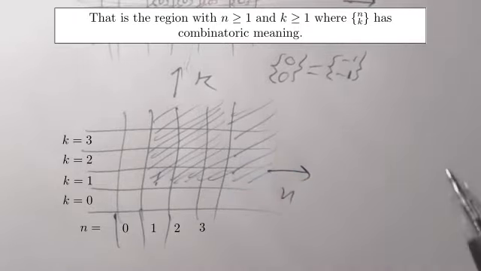This would be when k is 1, so these are all going to be 1, and this is when n is 1, so these values in here will all be 0, and these will all be 1s, and then we can use the recurrence relation, which I'm representing by this shape here, to work out all of the rest.